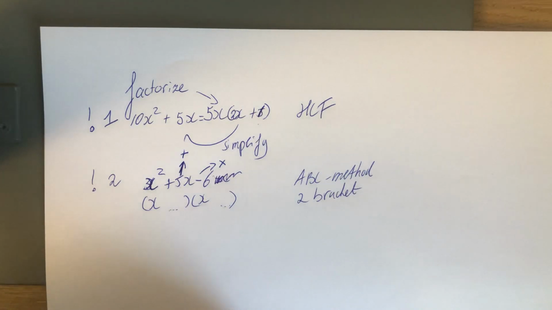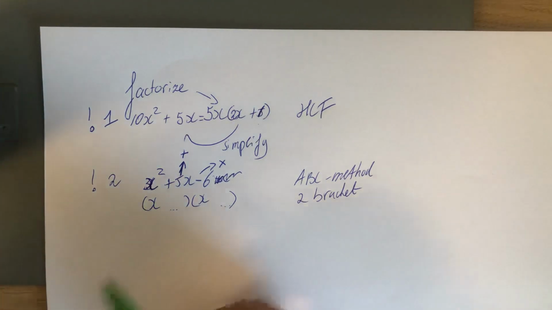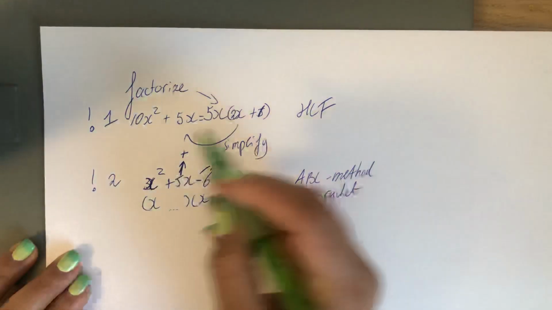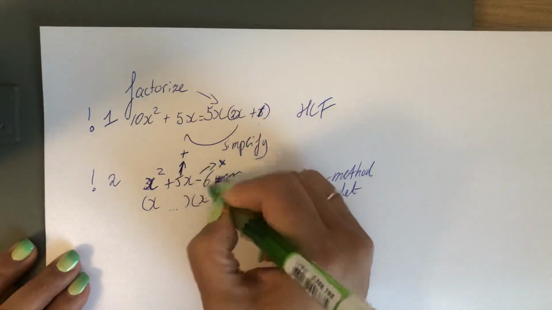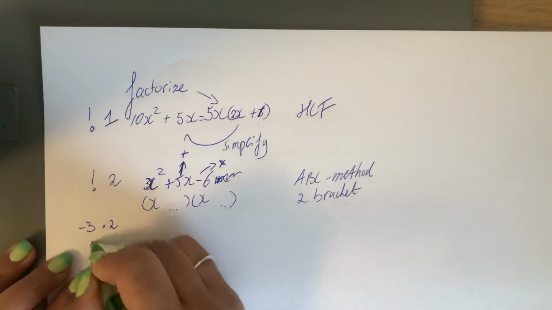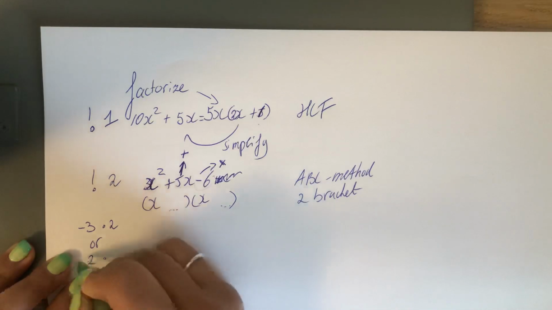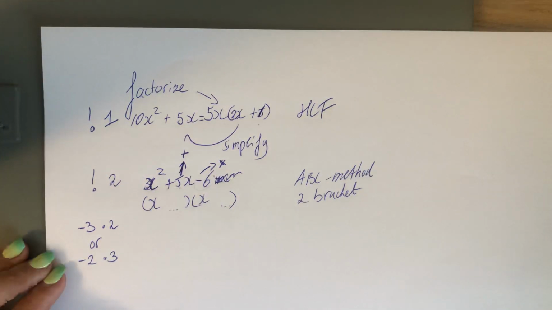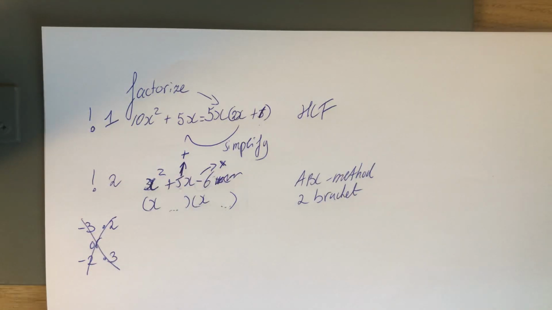Is that possible? Can we ever get minus 6? Let me just write it down. When you multiply, you want to have minus 6, so you must have this combination or this combination. In any case, we will never get positive 5. So this is the wrong combination.